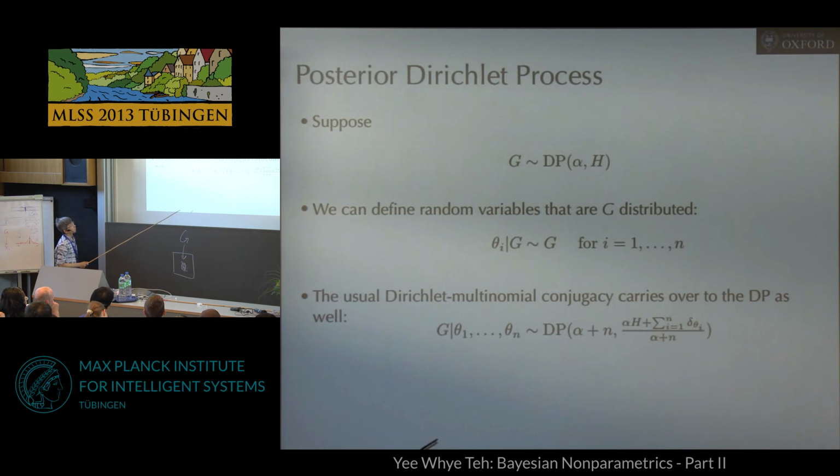Given observations of θ1 to θn, what is the posterior distribution for G? Because of the conjugacy between the Dirichlet and the multinomial, this carries over to the Dirichlet process, so conditioned on θ1 to θn, the posterior for G is also a Dirichlet process with an updated concentration parameter and mean.